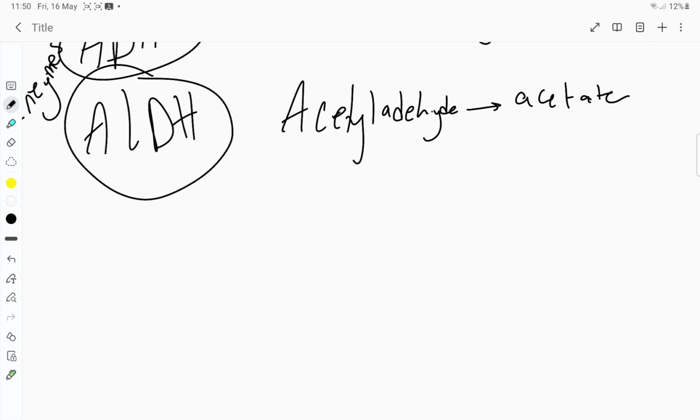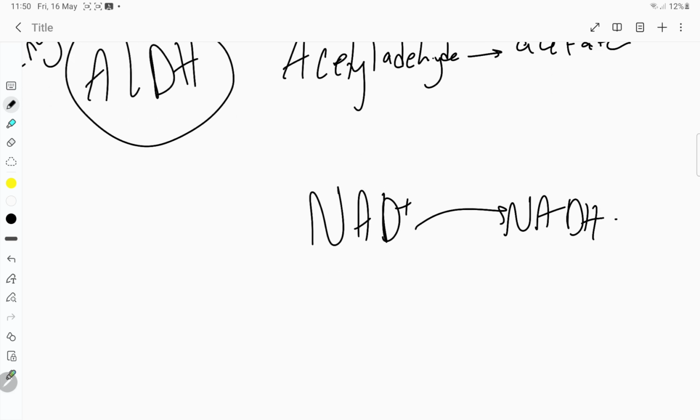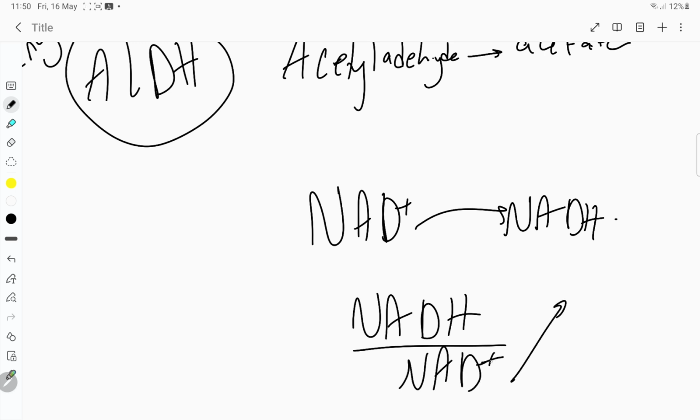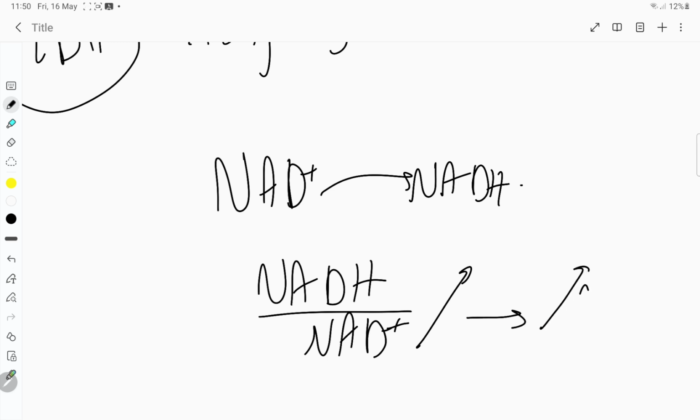An increased NADH/NAD plus ratio promotes fatty liver by inhibiting fatty acid oxidation and stimulating fatty acid synthesis.